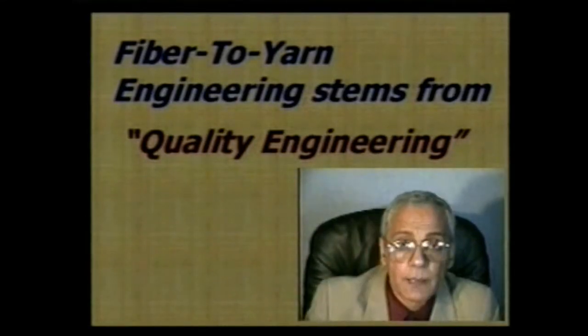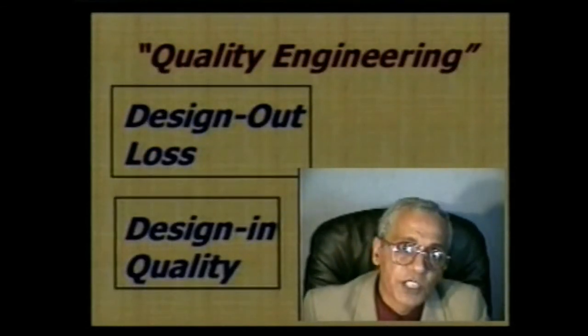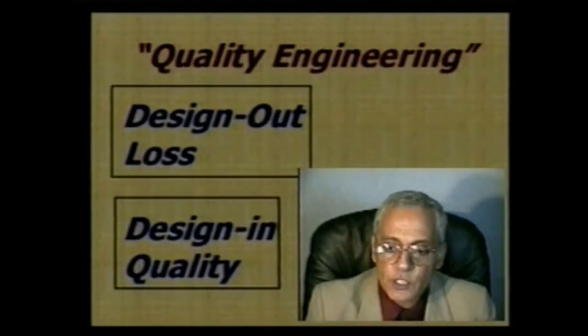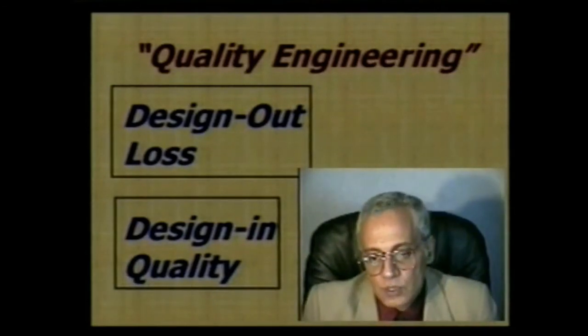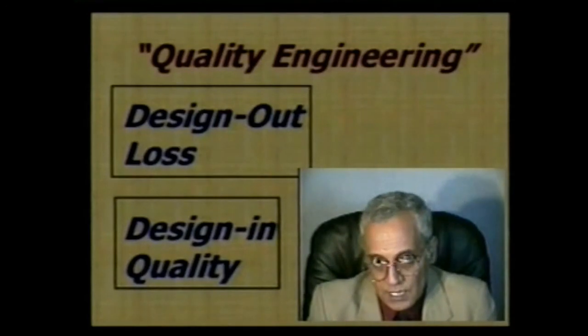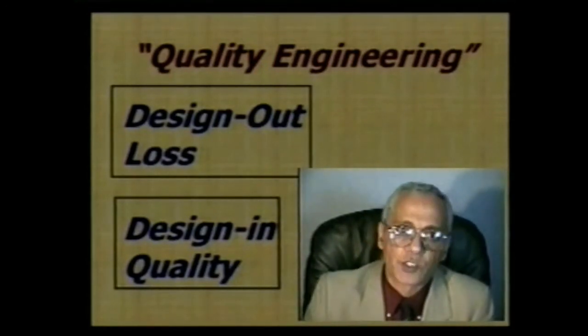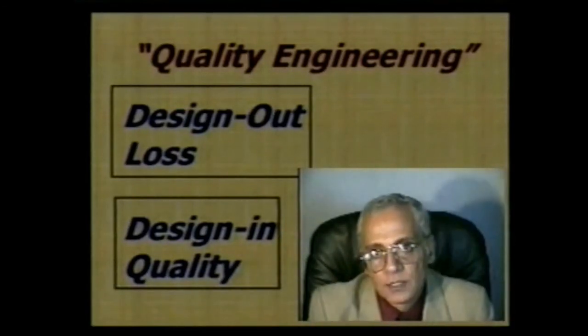Fiber-to-yarn engineering stems from quality engineering. In a quality engineering system, the goal is to design out loss and design in quality. And that happens simultaneously. As you design out loss, you will be designing in quality.